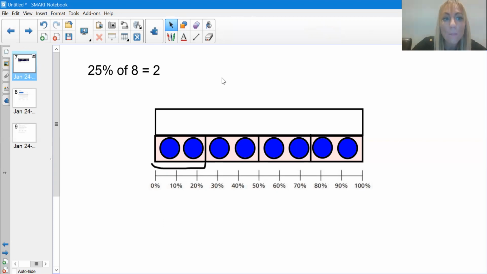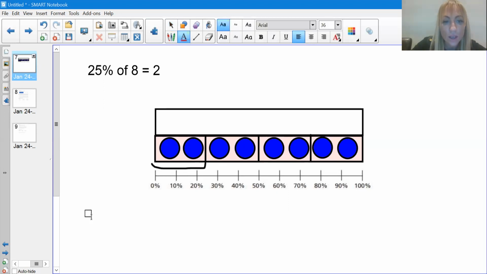So when I'm finding 50% of a number, I split my number into 2 equal sections. When I am finding 25% of a number, I'm splitting it into 4 equal sections. Now let's have a little think.